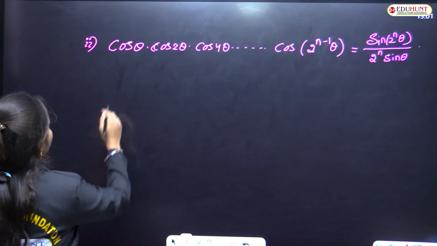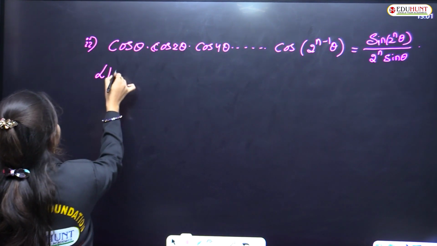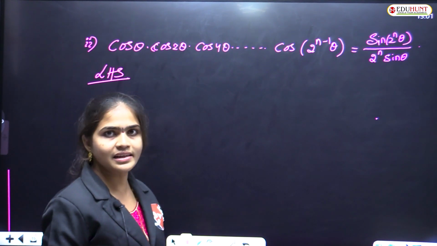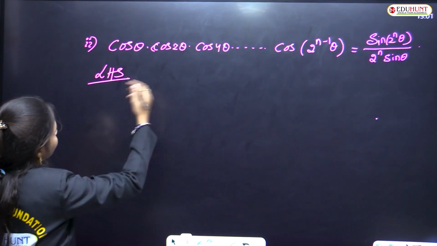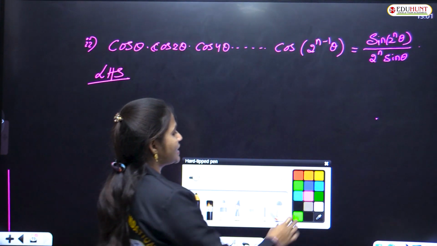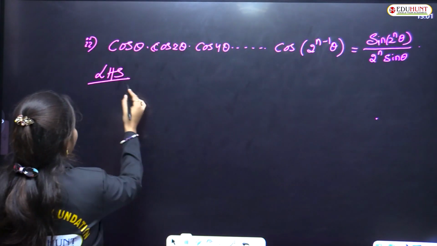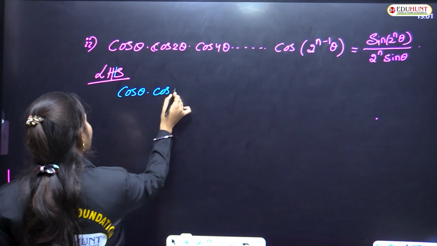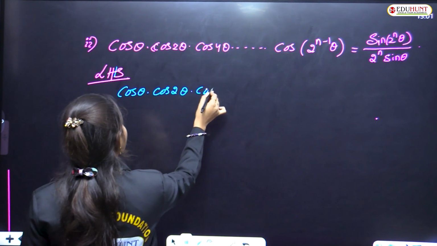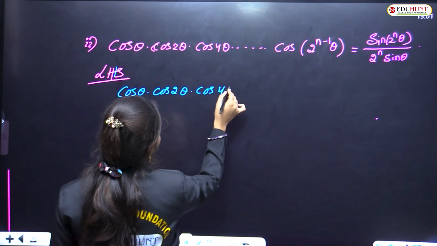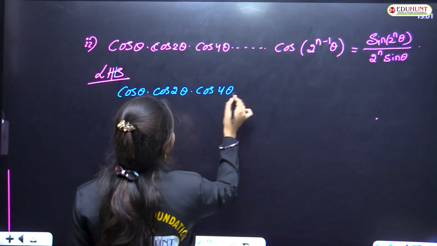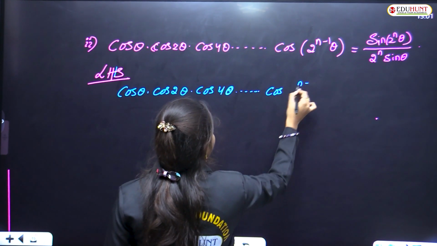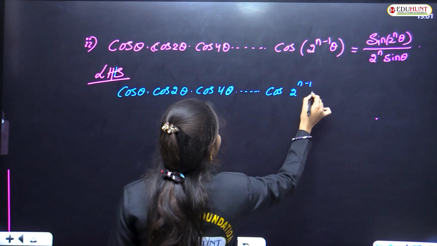So see this one. Here I want to take the LHS. Always we take the LHS and prove the RHS. So what is the LHS? LHS is cos theta into cos 2 theta into cos 4 theta and so on into cos of 2 power n minus 1 theta.